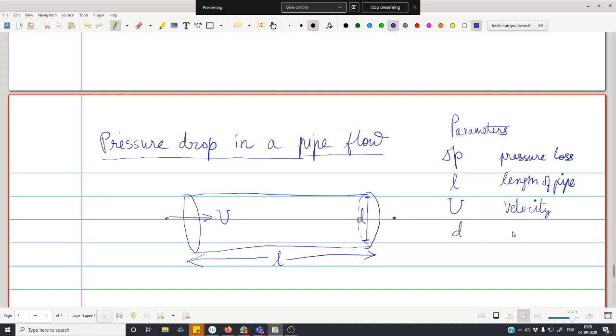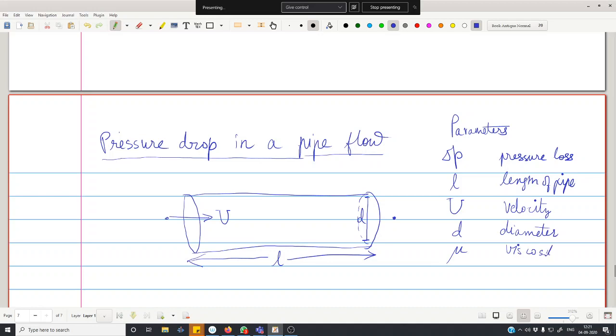The reason I'm not writing the area again is because writing the diameter is tantamount to writing the area also. Is it not? Of course. Because diameter and area are not independent dimensions, and diameter literally, pi d square by 4 is going to be the area.